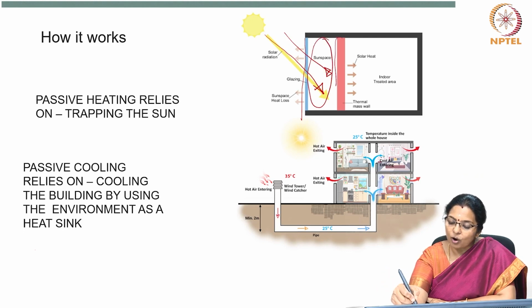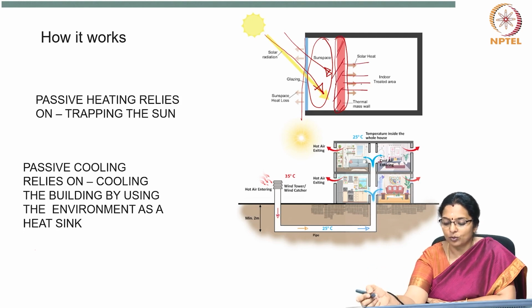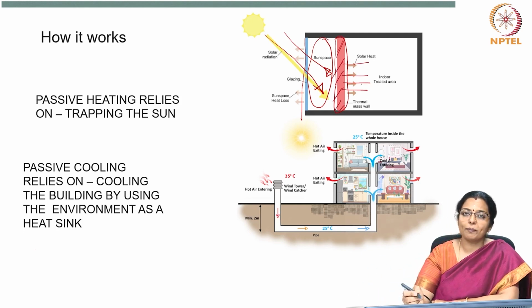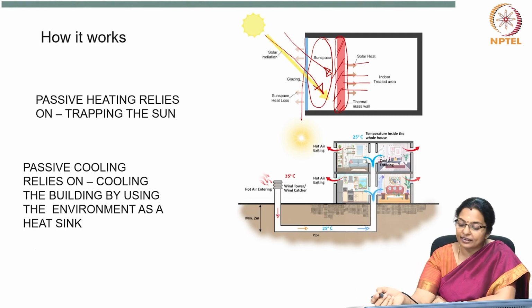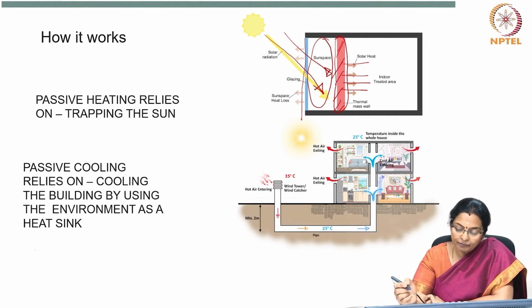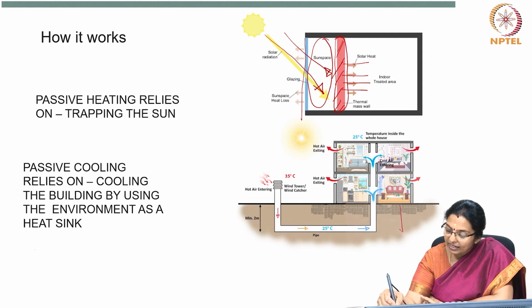This wall acts as a storage space for the heat. The heat is stored in this wall and gets released to the indoors. This is how passive heating can happen. Whereas passive cooling relies on cooling the building by using the environment as a natural sink.